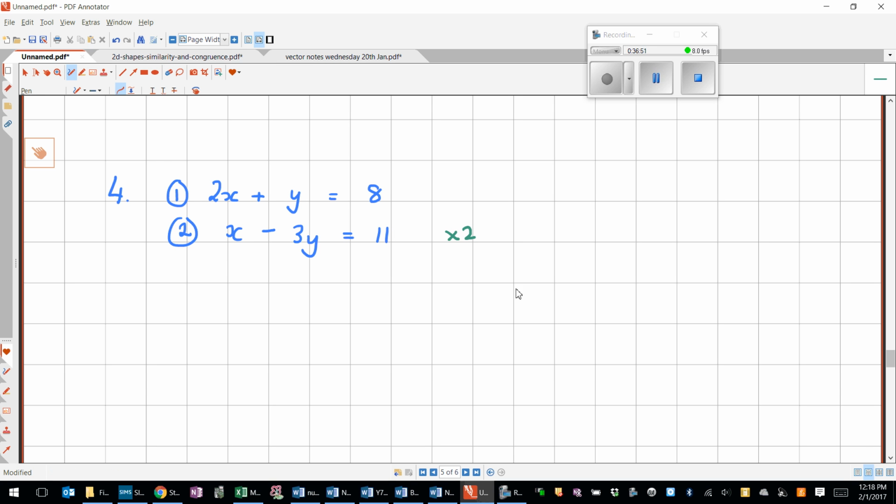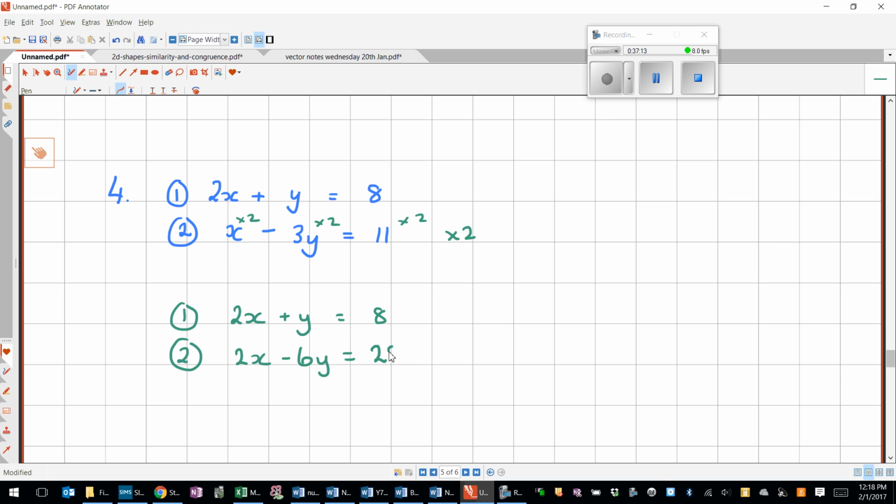So we multiply by 2, multiply by 2, multiply by 2. That gives me number 1 is still 2x plus y is 8, but my new number 2 is now 2x minus 6y equals 22.